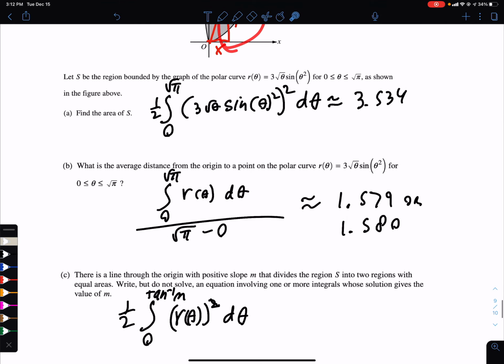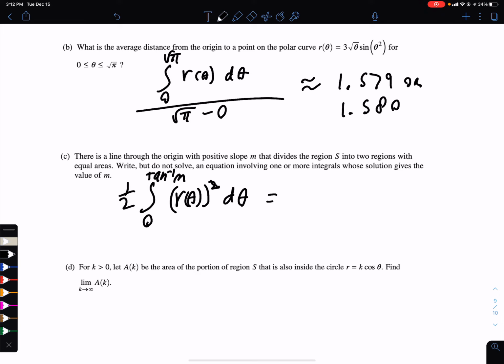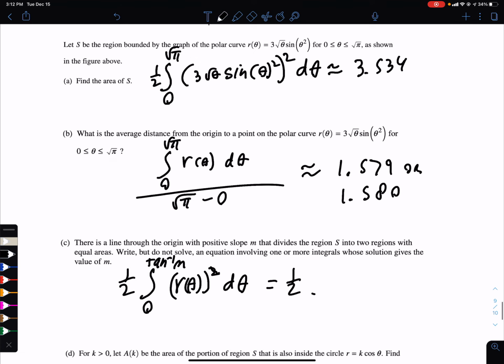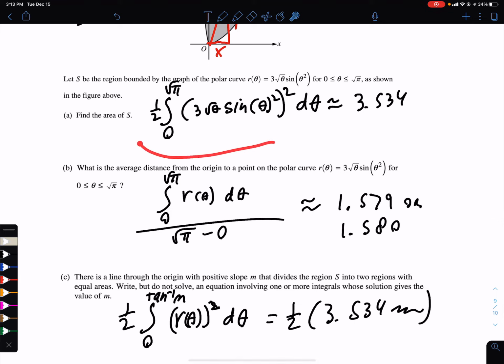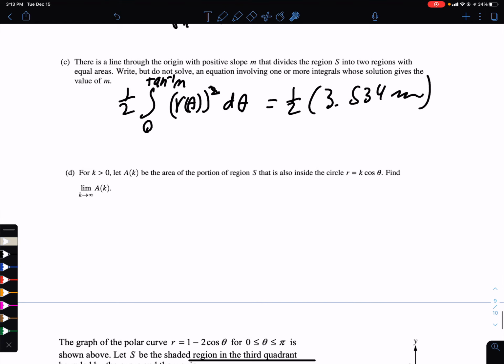Well, that should be half of our first answer. So we set that equal to 1/2 of our first answer of 3.534 and so on. We probably should write the whole thing out, or you just copy all of this and put it here. And that should be your answer. Okay, so that's part C.